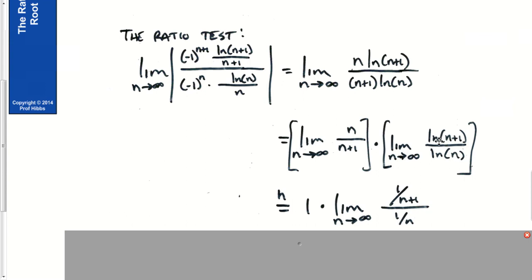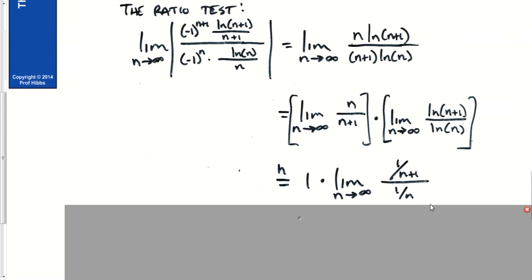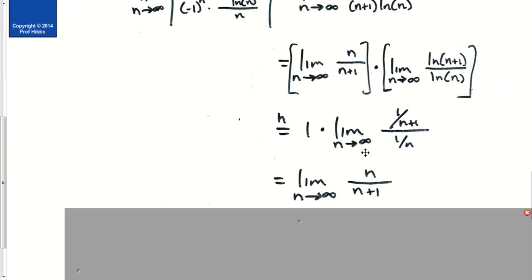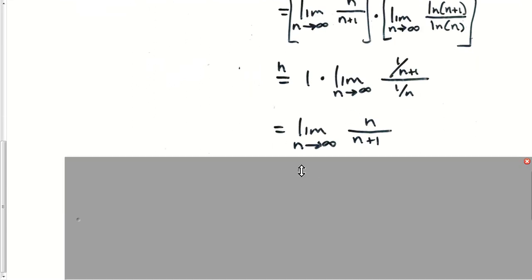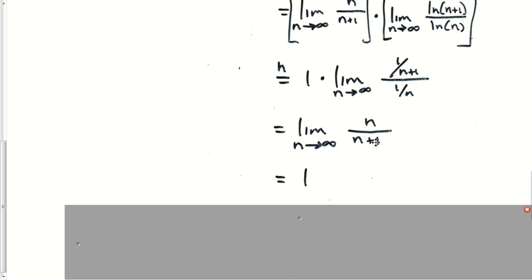The derivative of natural log of n plus 1 with respect to n is just 1 over n plus 1, and likewise the derivative down here is 1 over n. So now I have a new limit to consider, and if I reciprocate this, I don't need the 1 times any longer. When I reciprocate, I'll get n over n plus 1, and the limit of n over n plus 1 as n goes to infinity, just as we saw above, is just a 1.